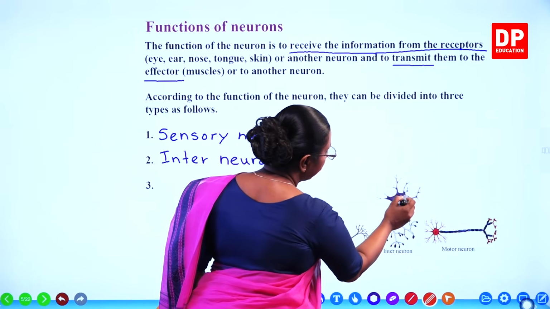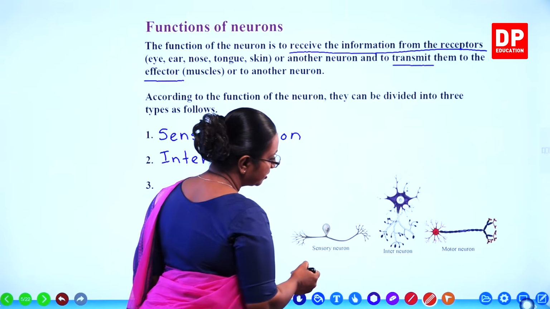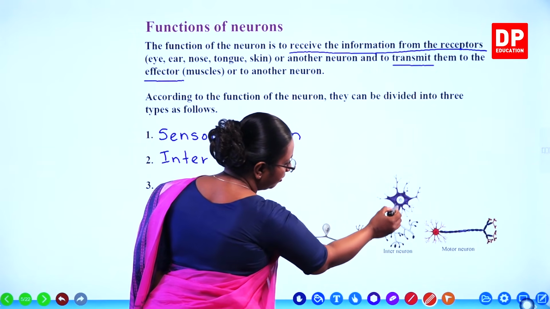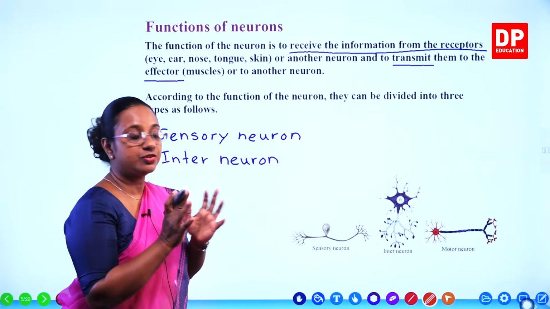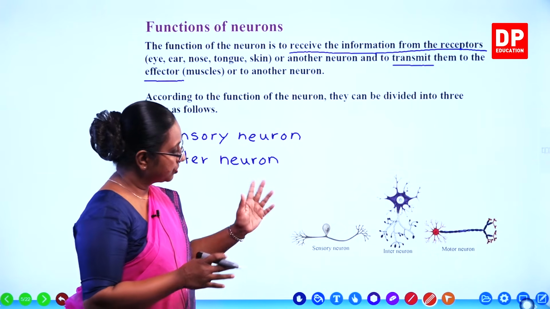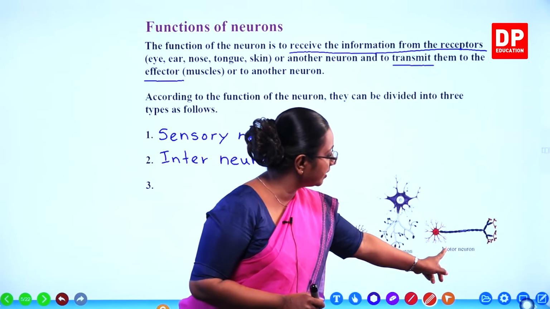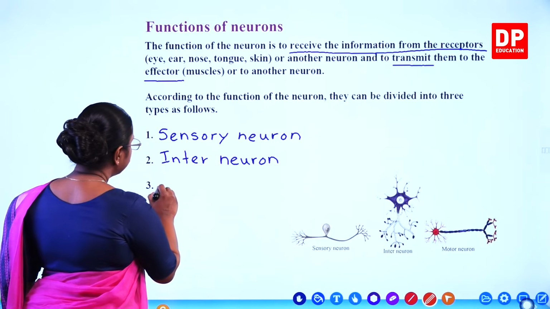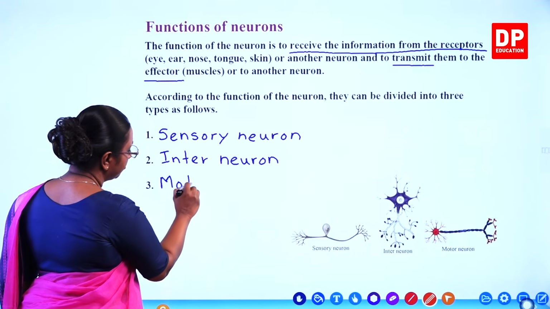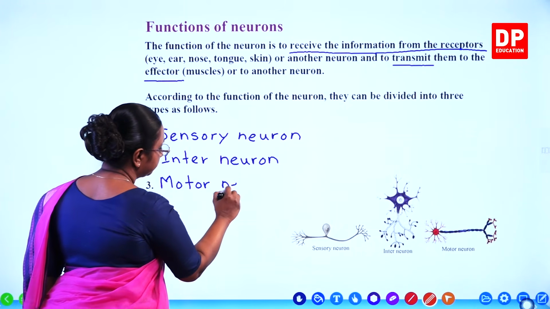Interneuron again has short dendrons and the axon is long, but it is branched. And the branches are also somewhat prominent. So this is different from the third type, the motor neuron. The third type of neuron is the motor neuron.